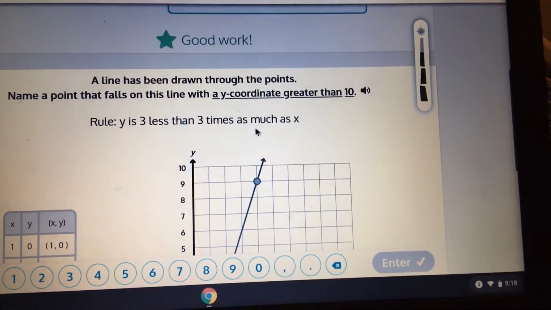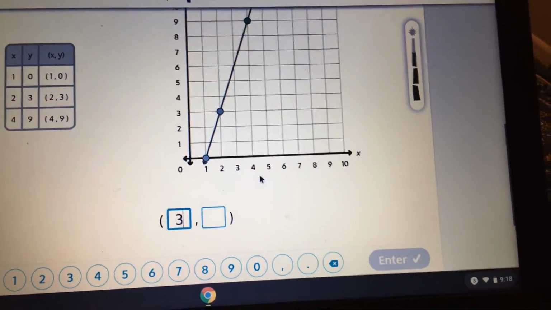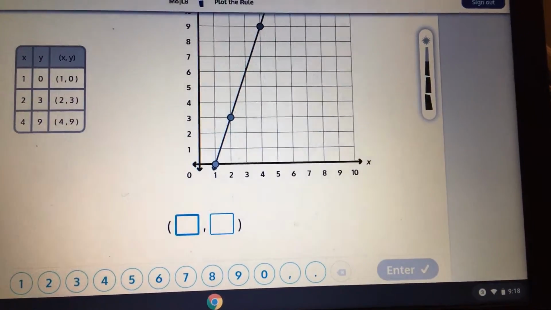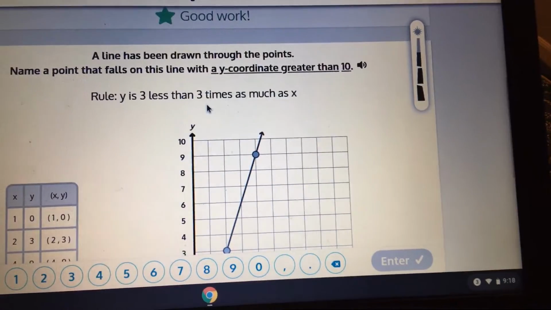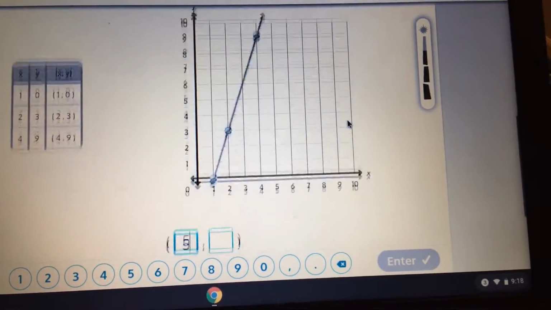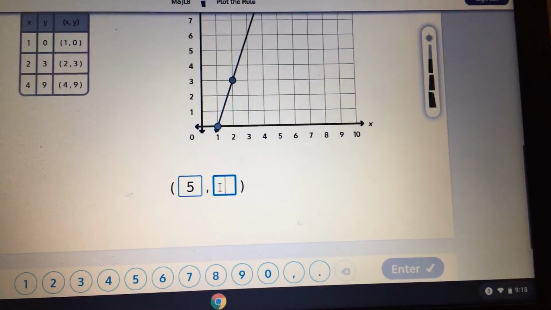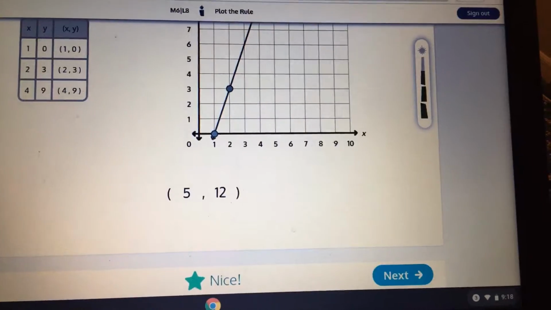Okay, and then 3 times 3, that's not going to work. Let's do 5. Okay, so then 5 times 3 gives us 15, minus 3 gives us 12.